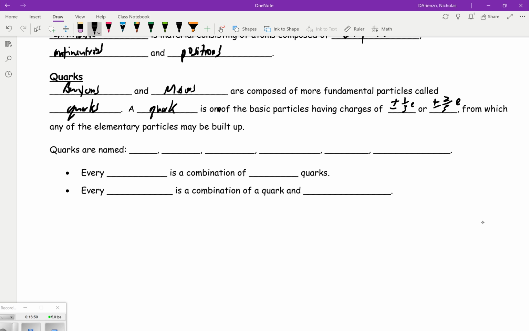You might remember some of the names from last year or coming across them in your reference table. They are called up, down, charm, strange, top, and bottom. So a combination of these 6 different quarks are going to allow us to build up any of our other elementary particles.